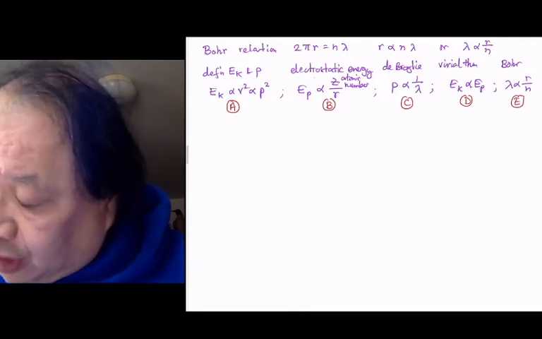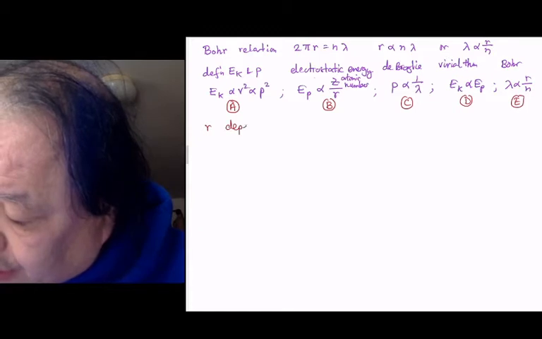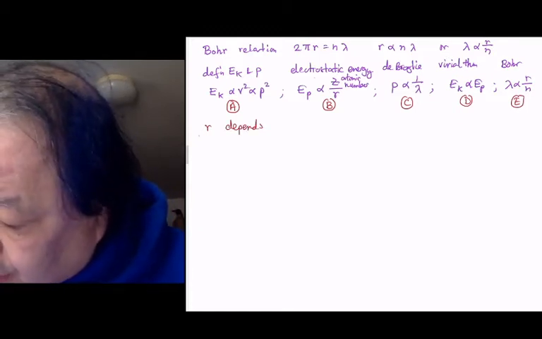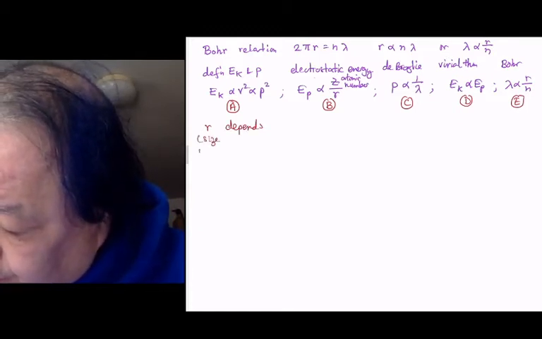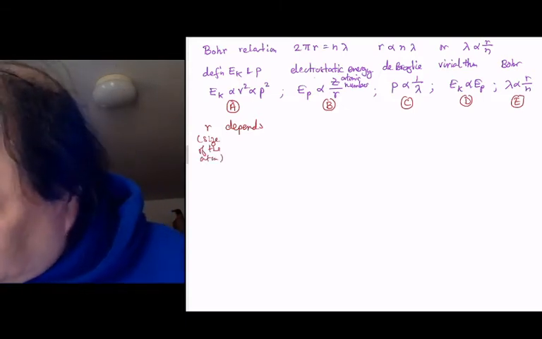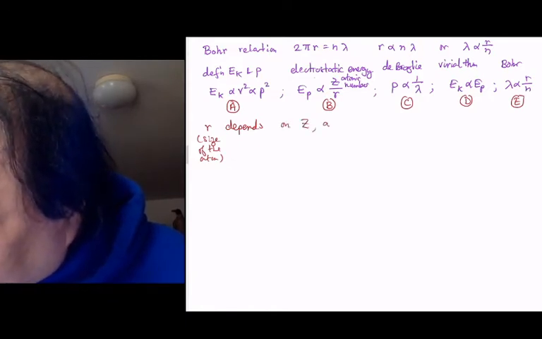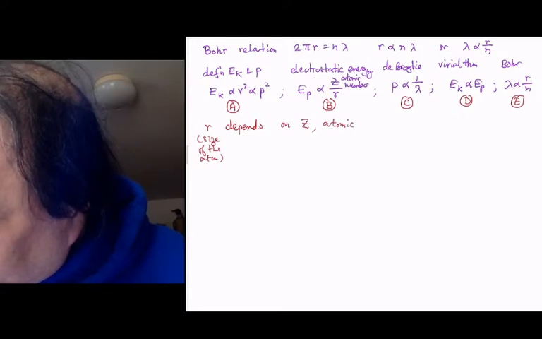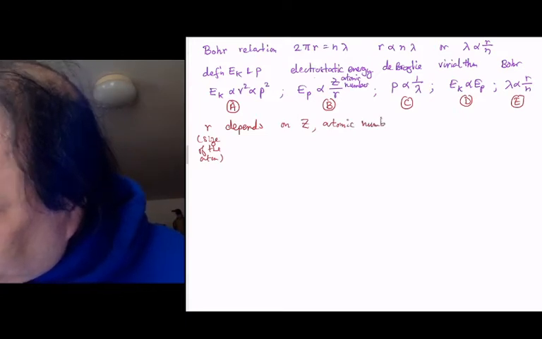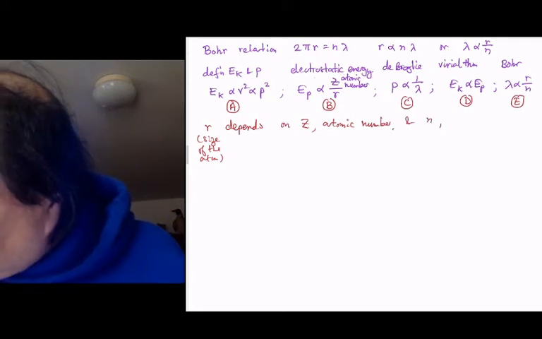He's going to figure out that R, the size of the atom, depends on the most unexpected of these variables: R depends on Z, the atomic number, and N, the principal quantum number.